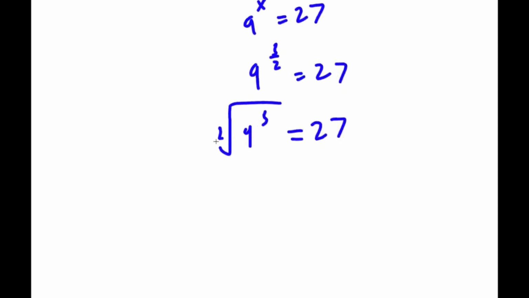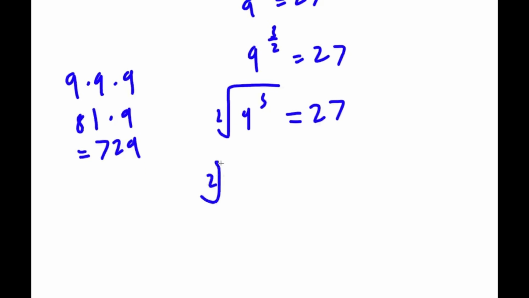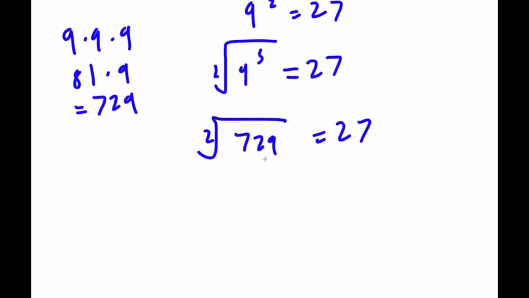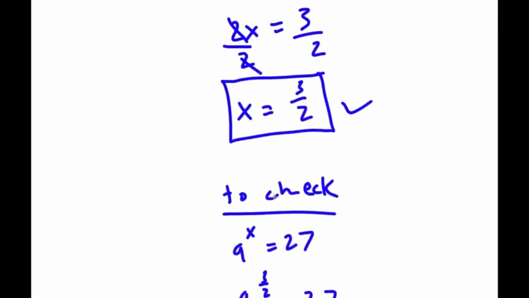Now 9 to the power of 3, well that's 9 times 9 times 9. 9 times 9 is 81, so 81 times 9 is equal to 729. So now I have the square root of 729 is equal to 27, and the square root of 729 is 27. So 27 is equal to 27, and because this is right, our solution is right.